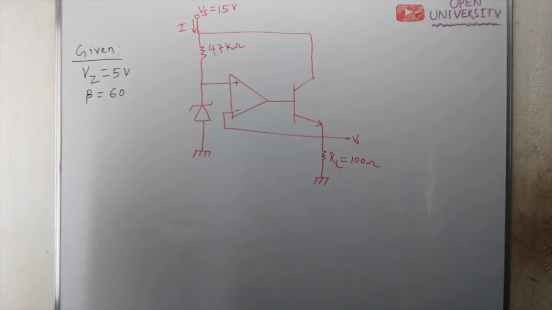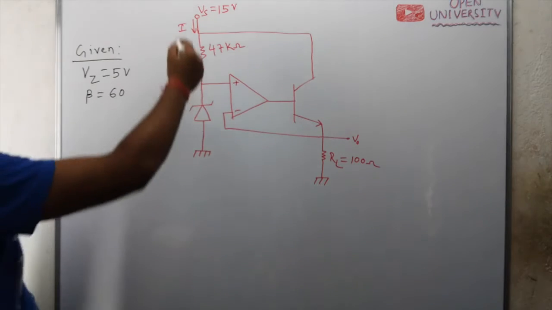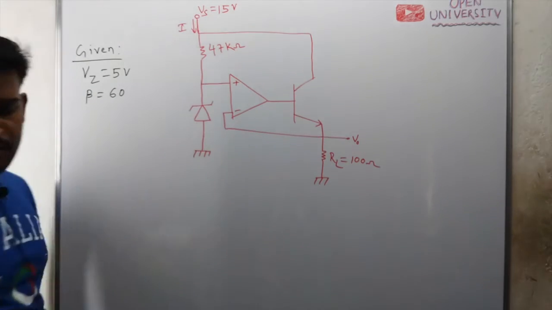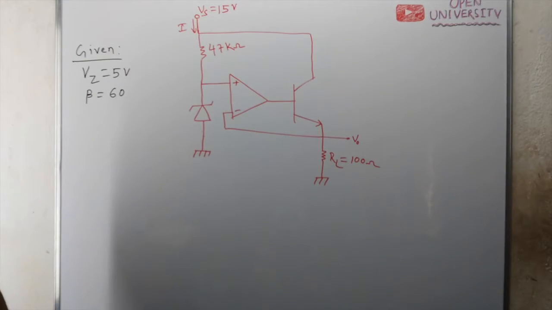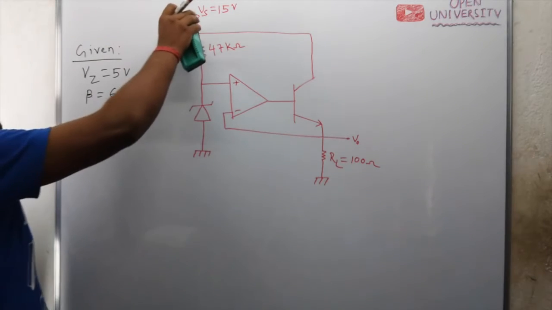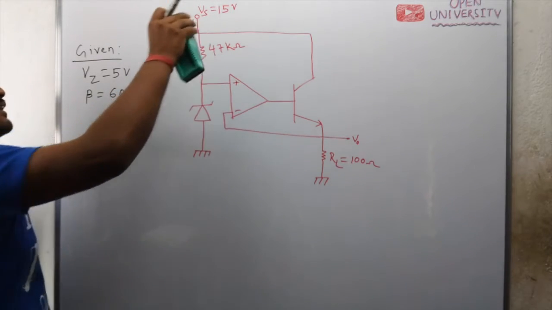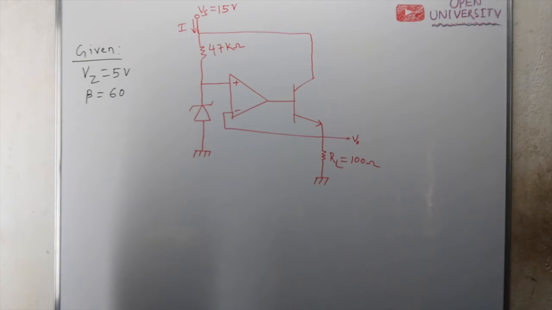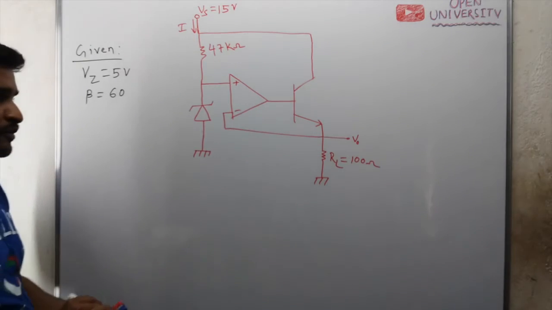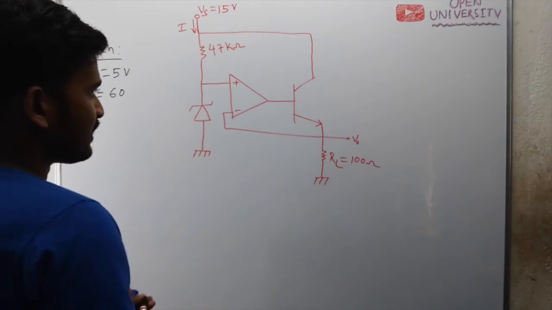It is asked to find the value of I, the current drawn from the supply, and also the power dissipation in the transistor.